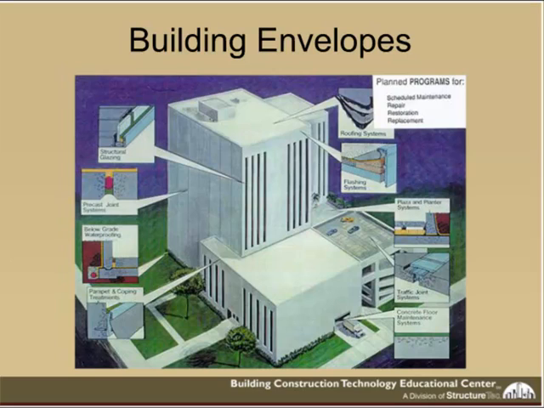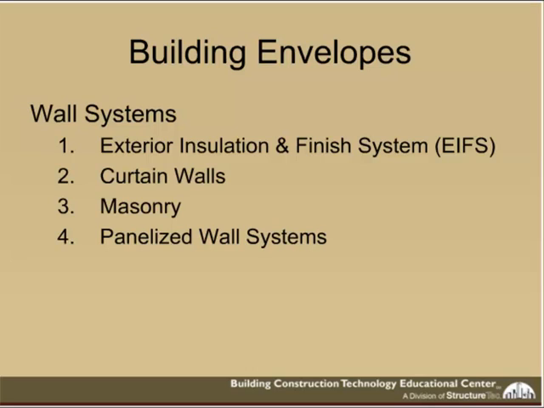Like I said, a very important component of a building envelope is roofing. However, for the focus of our session today, with limited time, we're going to focus on the most common wall systems in the industry today.